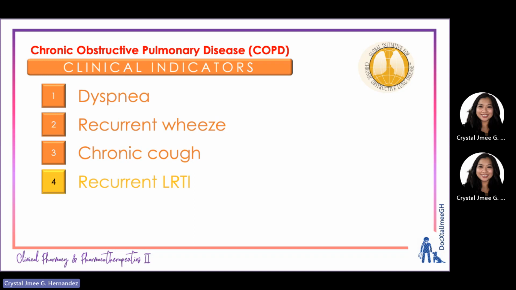We have recurrent lower respiratory tract infection and the history of risk factors. We have mentioned different etiotypes. These are the things we look at as clinical indicators, and if they are present, we would consider COPD and again perform spirometry.